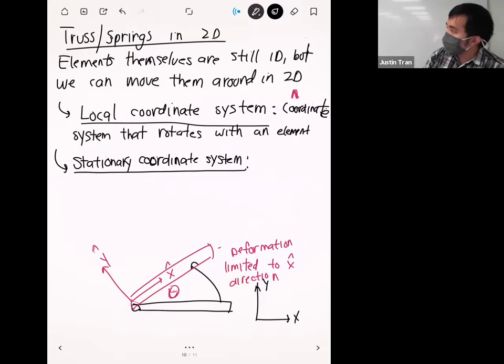So sometimes in the literature you'll see this called the global coordinate system, but I don't want to use the word global because we're using global for something else already. And so I'm going to call them the stationary coordinate system because they're not going to move. Okay. And so this is a coordinate system that's essentially going to serve as our reference point, right? And so it's going to be basically our classical X and classical Y.